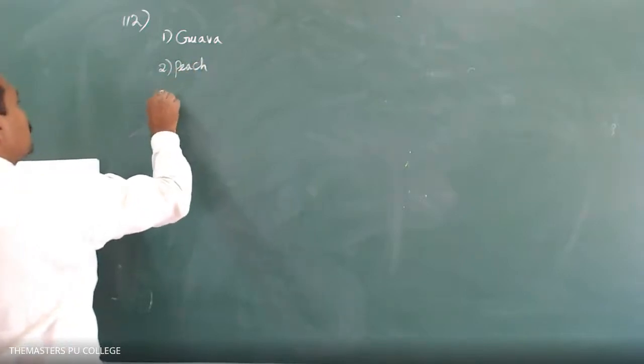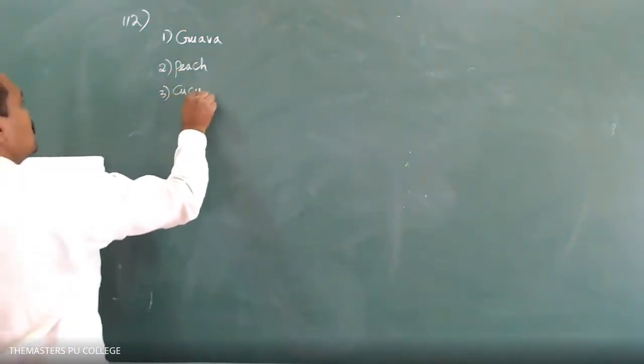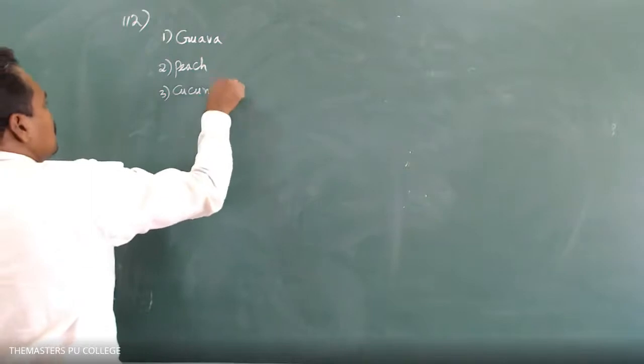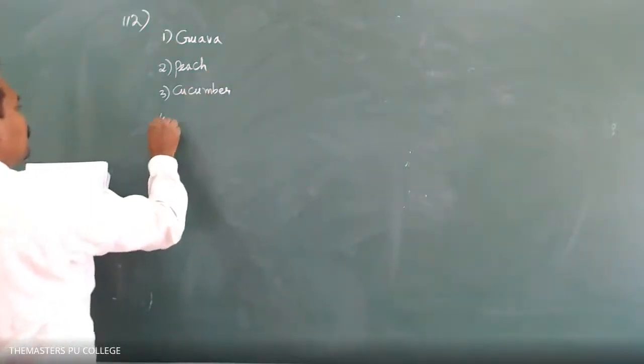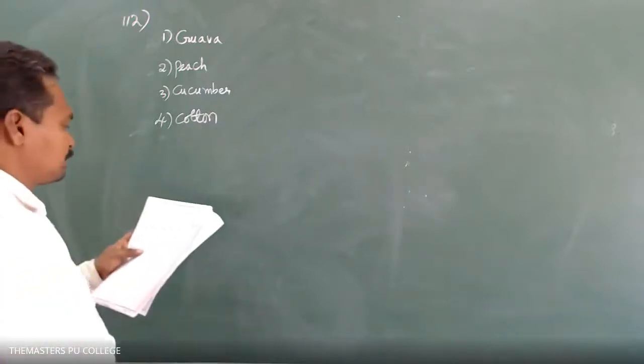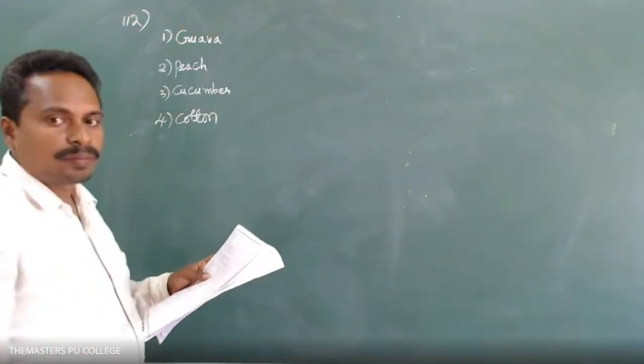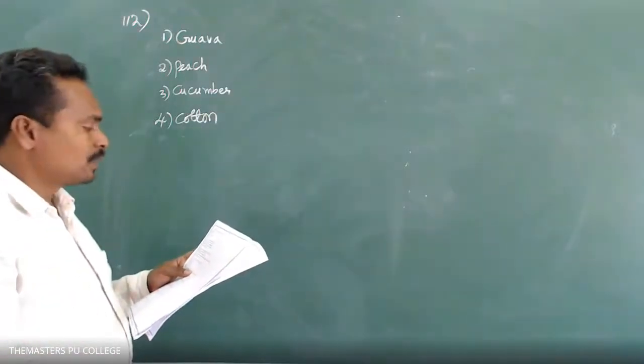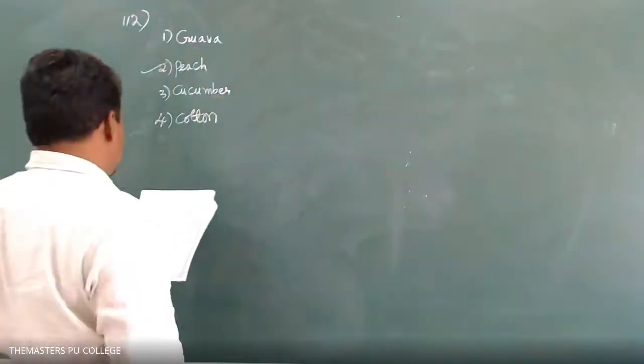Option 3, cucumber. Option 4, cotton. What is the answer? The ovary is inferior in... peach. Right, the second option is right.